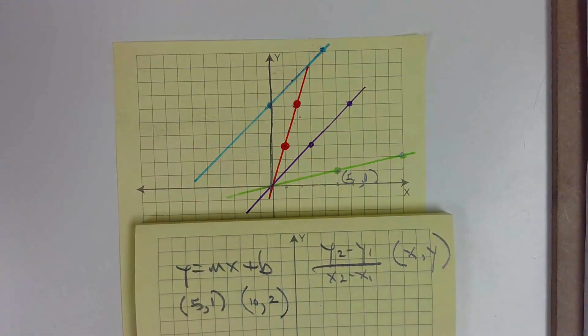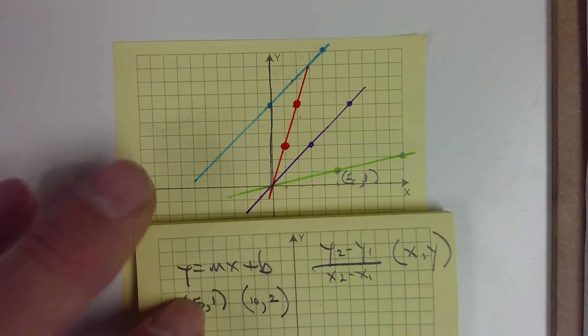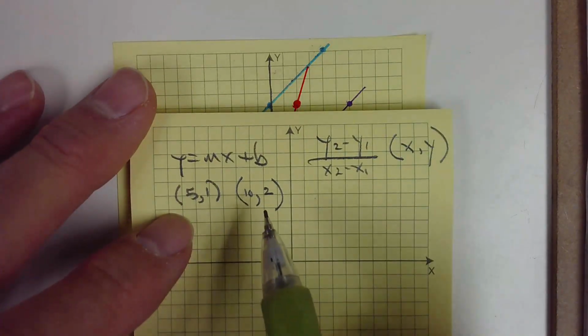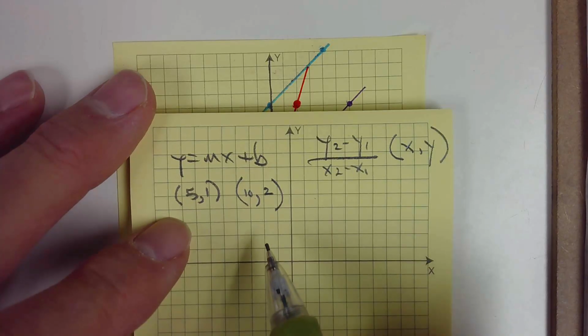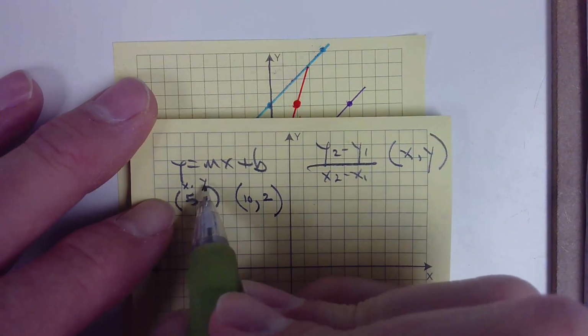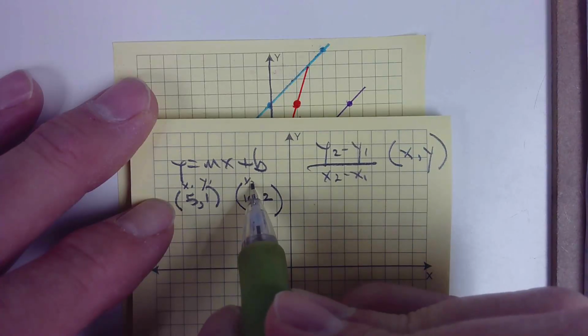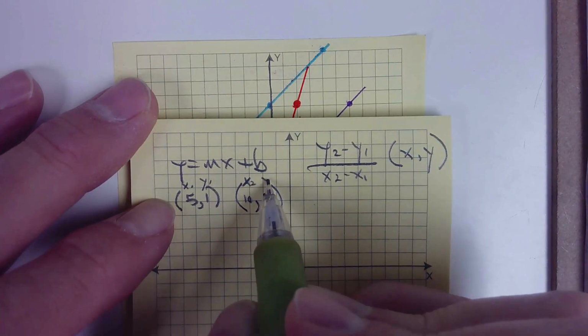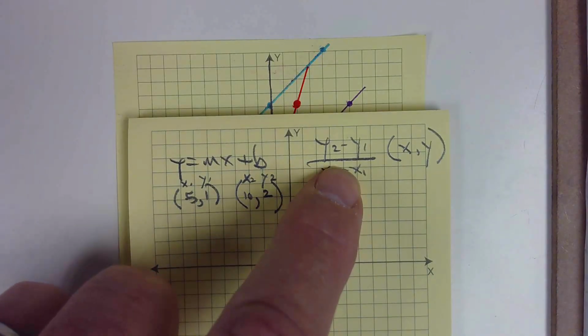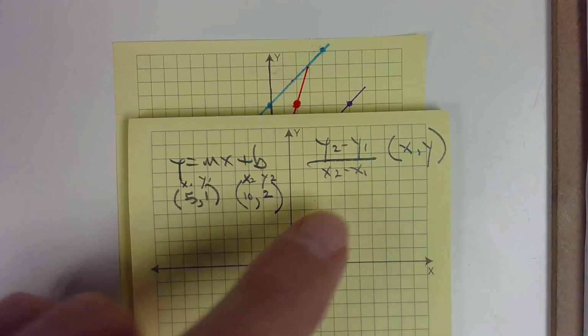Okay. Now I want to label these, Miss Durgan. Does it matter which one I label x1, y1, x2, y2? No, it doesn't matter. Okay. So I'll just call this x1, y1, x2, y2. And now I'm going to plug these coordinates in to this formula.